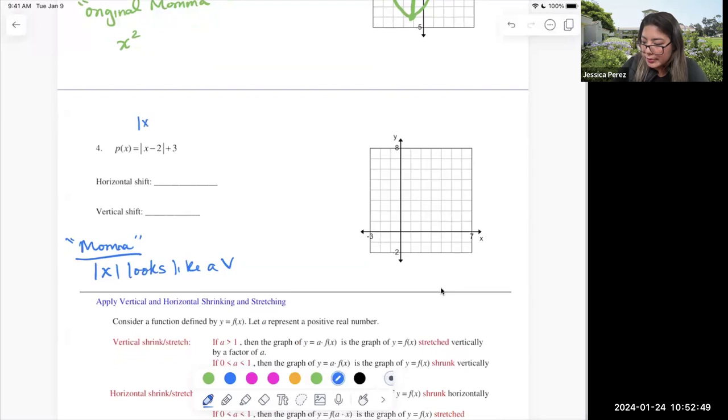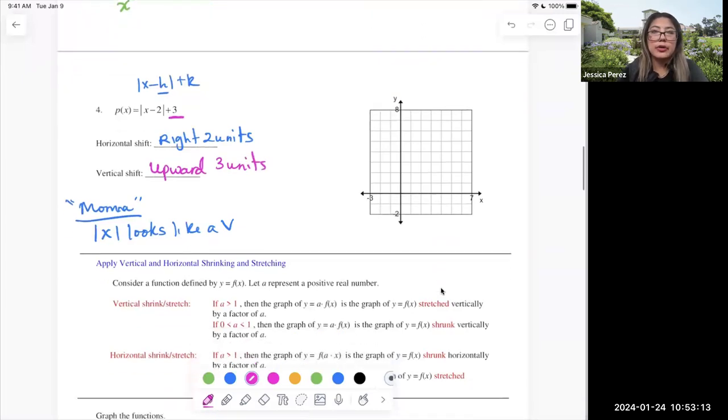Well, we know this is x minus h plus k. This h, this horizontal shift, it's a minus, so we know that's going to be to the right 2 units. And then k, the plus, it's addition, so it's going to move upward 3 units. Because it's on the outside, we learned that that's a vertical shift.